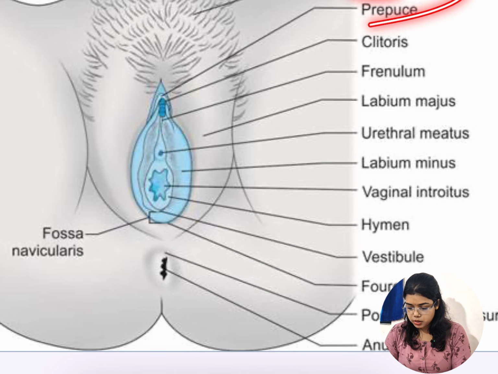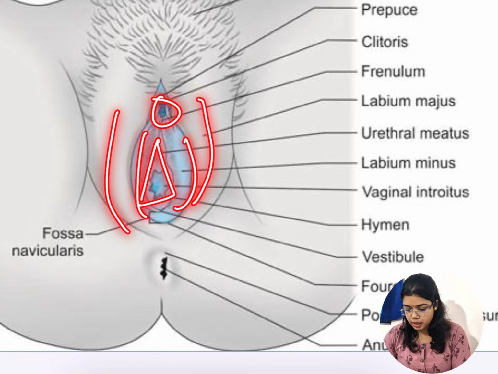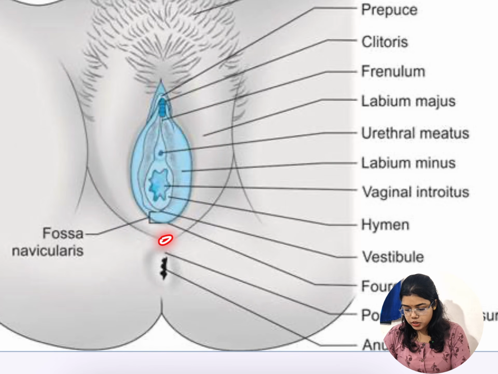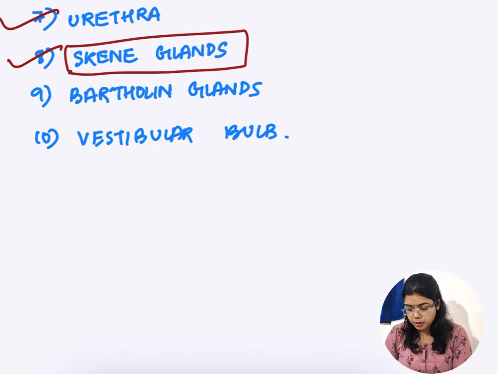First mons pubis, then labia majora, then labia minora, then clitoris, then vestibule, urethral opening, vaginal opening, posterior commissure, fourchette. Okay, and then skin glands, Bartholin glands, or opening of the Bartholin glands, that is Bartholin ducts, and then vestibular bulb.